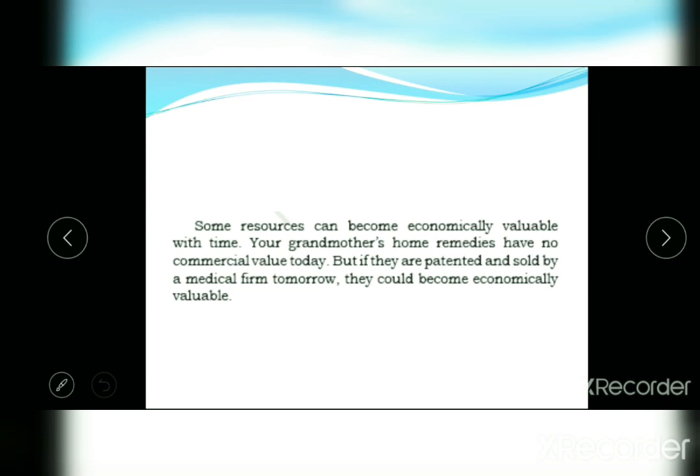And patent means an exclusive right over any invention or idea. So if they are patented and sold by a medical firm tomorrow, like there are many medical firms today which are selling their products, they could become economically valuable. They'll gain a huge price for the remedy.